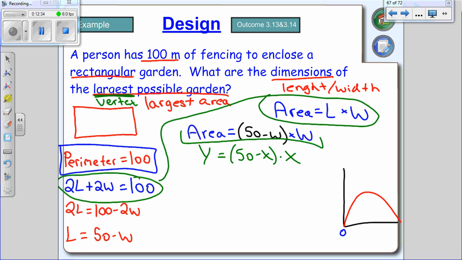And 50 doesn't really make sense if I used it, but that's the maximum amount you could have, because if I had 50 on my length, 50 on my other length, that would be all 100 of my material. That would be just a straight line of fence. So that's how that works. So this would be 50 over. My area, the smallest amount of area I could have is 0. The most amount of area I could have, I would just guess it to be about 150 for a window.